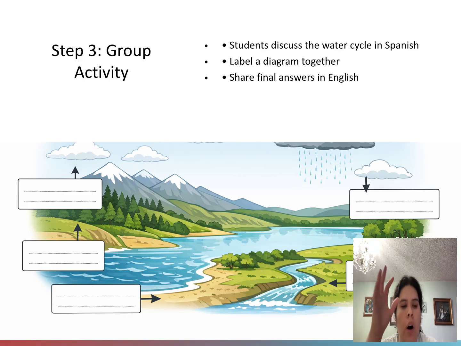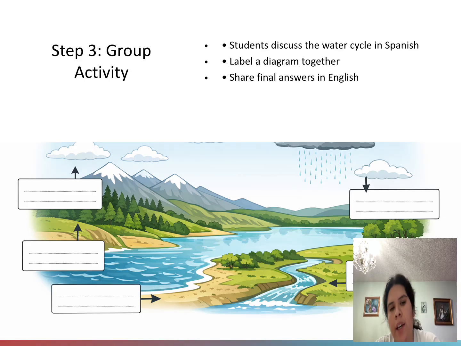Then we're going to share your final answers in English. I'm going to give you 5 minutes. Okay, so can anyone tell me what is the first one here? Condensation. Okay, where would that go? Okay, right here. Right. Okay.